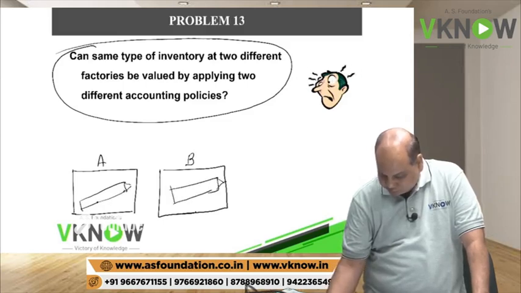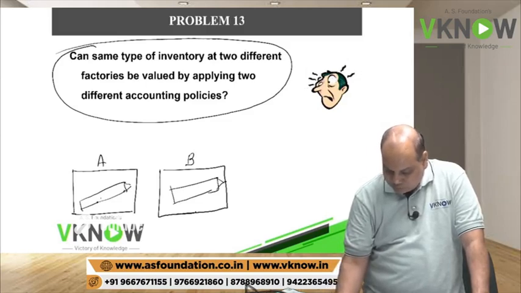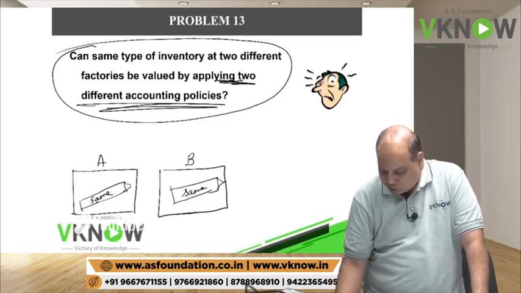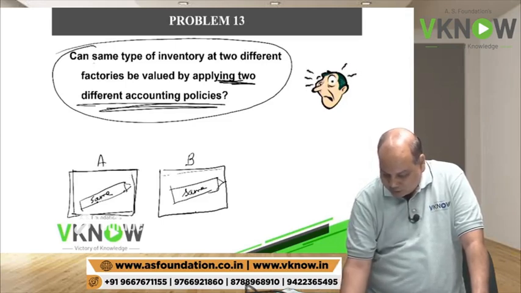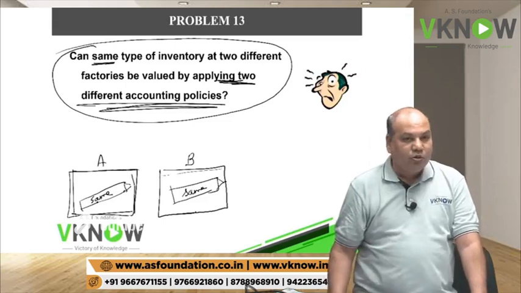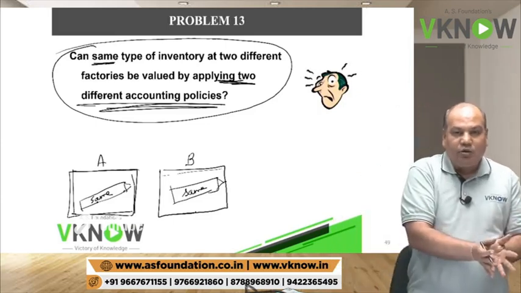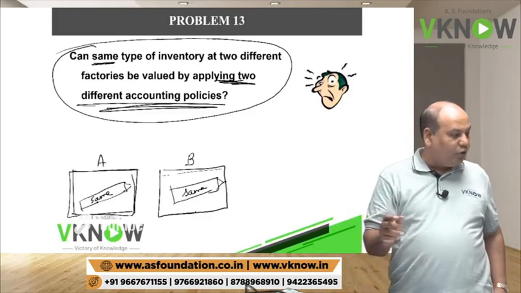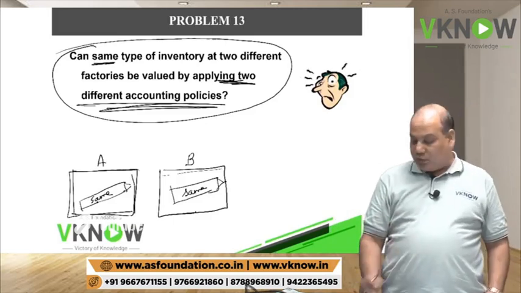This is the same pen. Can I follow two different accounting policies for the same inventory? It's written the word same. Just because one is in factory A or location A and one is in location B, can I follow two different accounting policies?